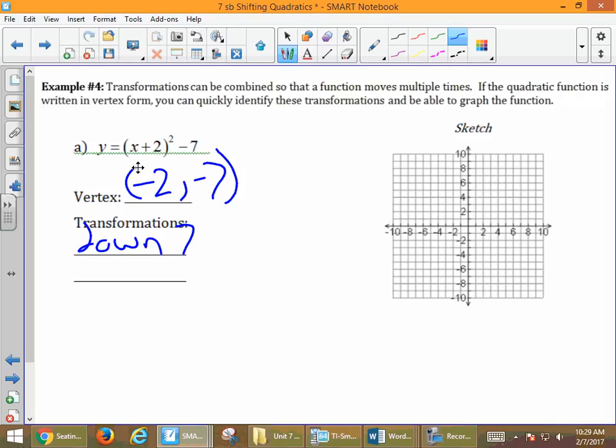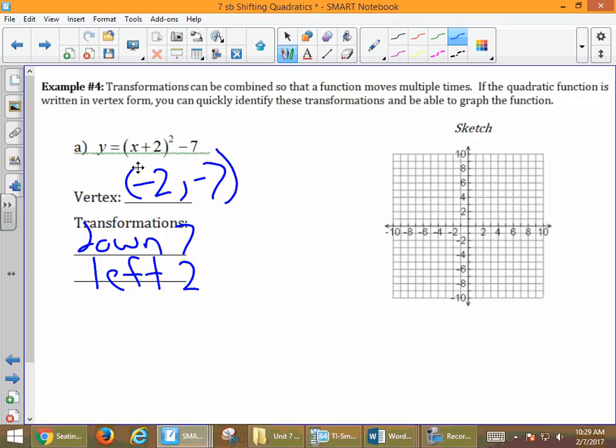I'm sorry if I confused some of you by jumping around. Hayden? The other transformation we have is left 2. And we see it's down 7 because we subtracted 7 on the outside of the function, and it's left 2 because we added 2 on the inside of the function, on the inside of our square.